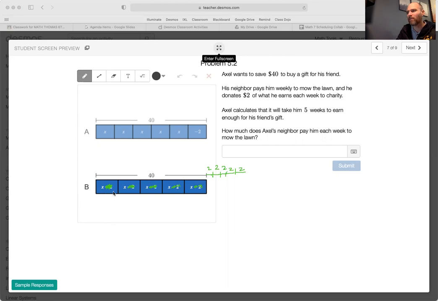Now, those $50 have to be spread between these 10 boxes that each have some X amount in them, right?